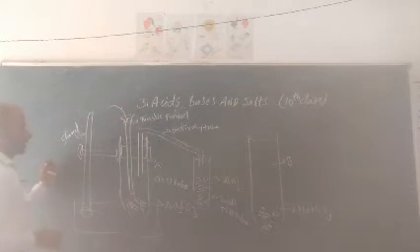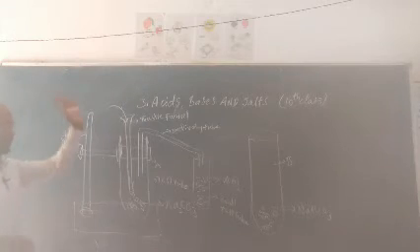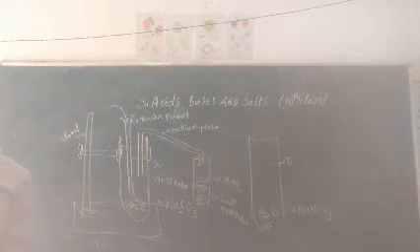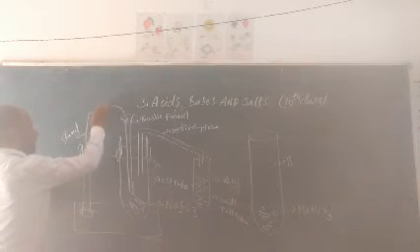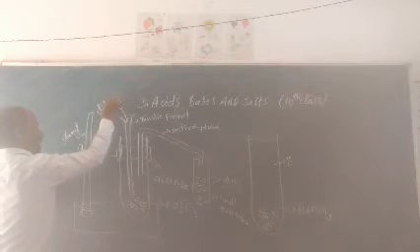Now, through this thistle funnel, we have to pour dilute HCl into test tube A.